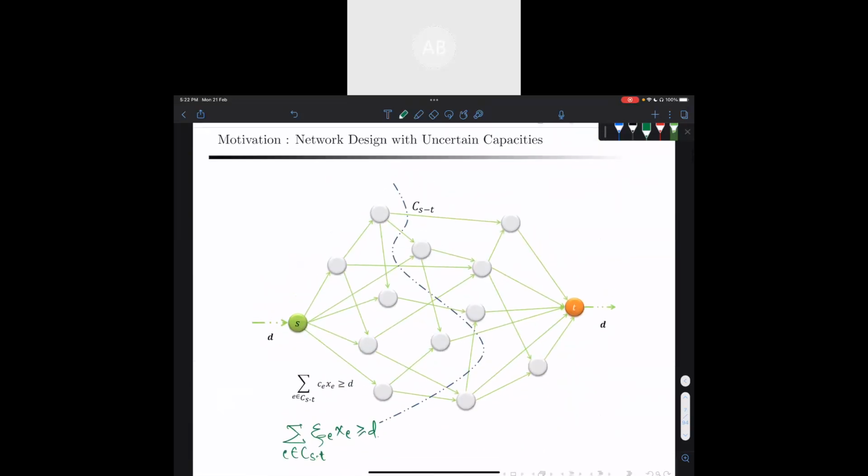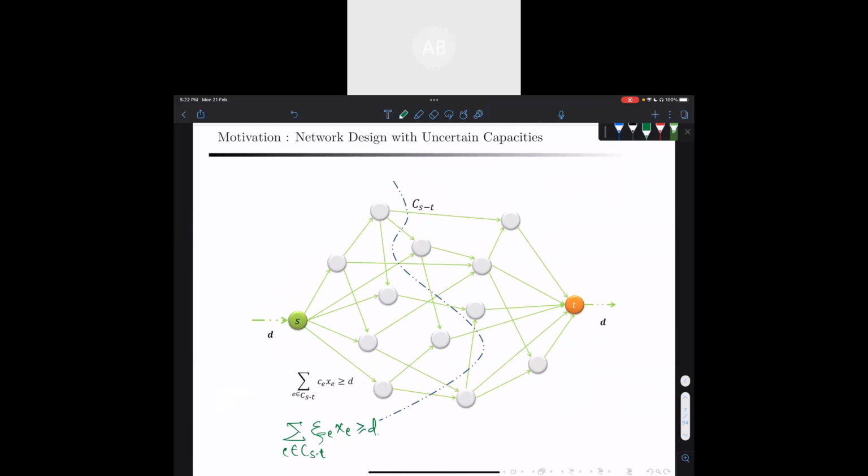So if x's were my decision variables, which determined whether an arc is in the cut set, no, let's see.